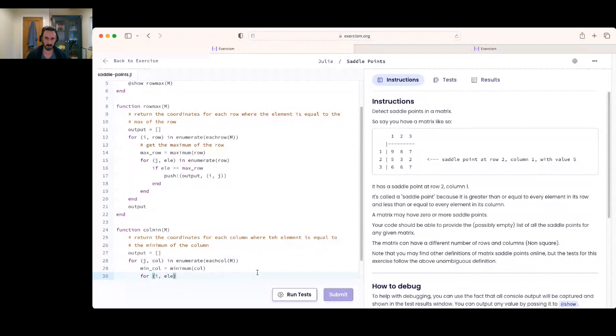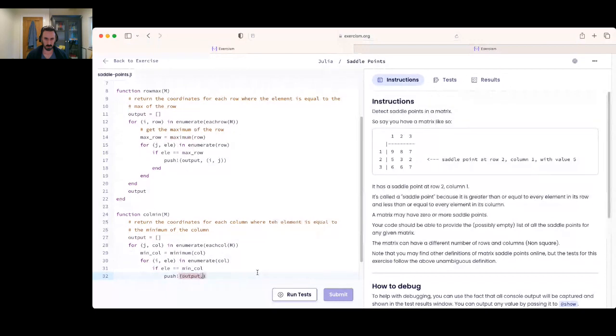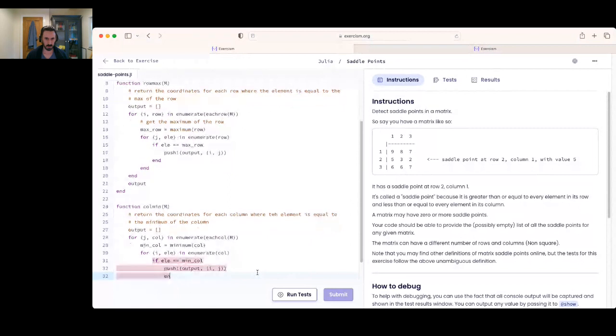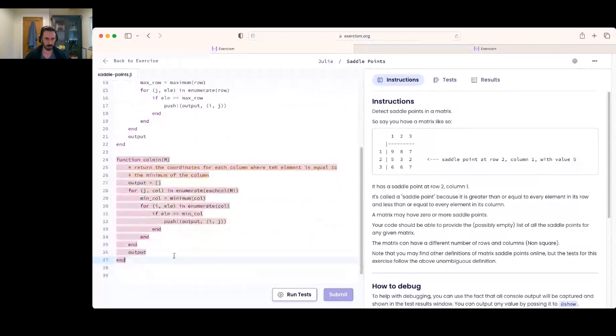Col I, if equal to min col, push output I, and output, end.